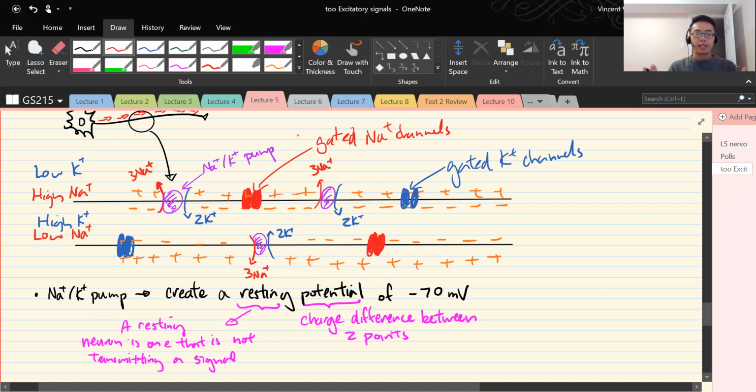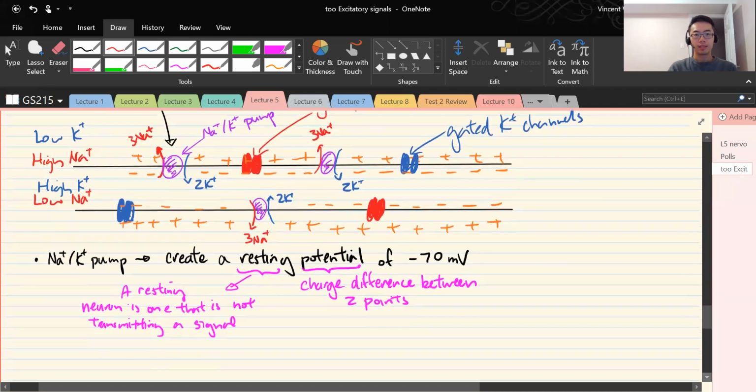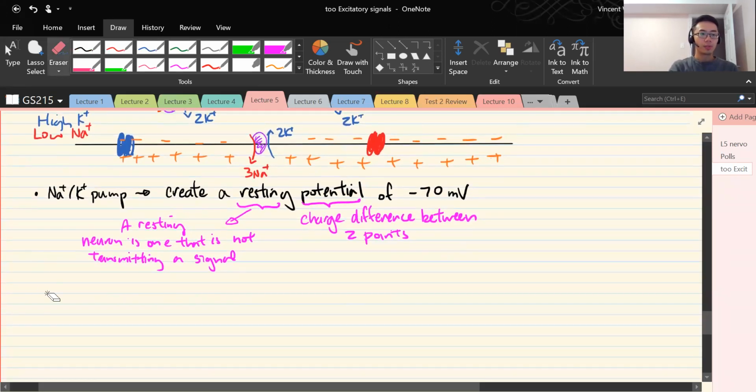So they're gated, meaning they can open and close like a regular gate. And what controls the opening and the closing is going to be the voltage. Here we have the gated sodium channels.